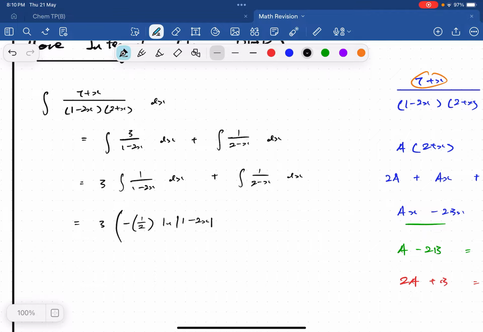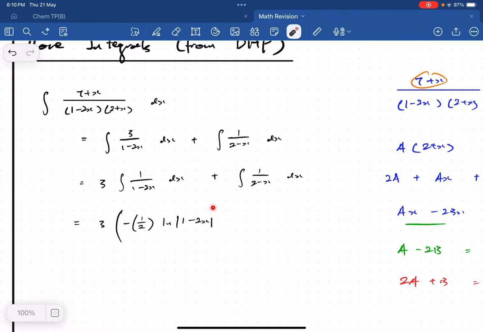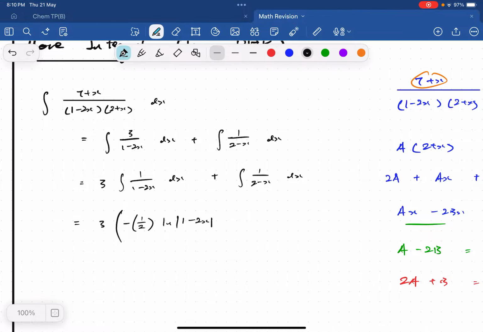In some of the formulae for integration, and also in the standard integrals given in MF27, you will not be shown the modulus sign for these terms. It will be shown as square brackets. But please just know that you should write it as a modulus sign in exams, because you don't know whether this is positive or negative, so you need to write the modulus.